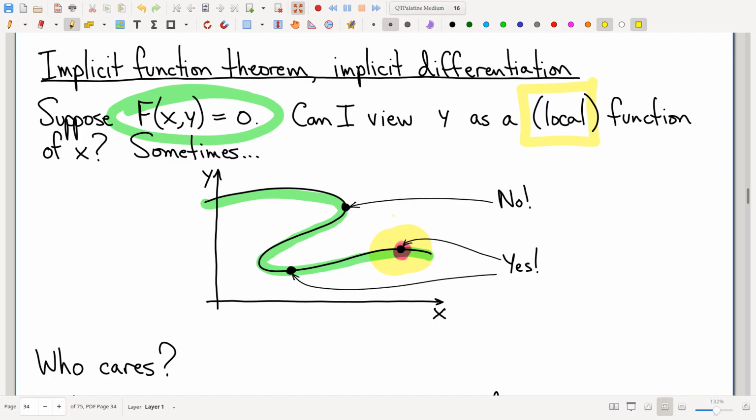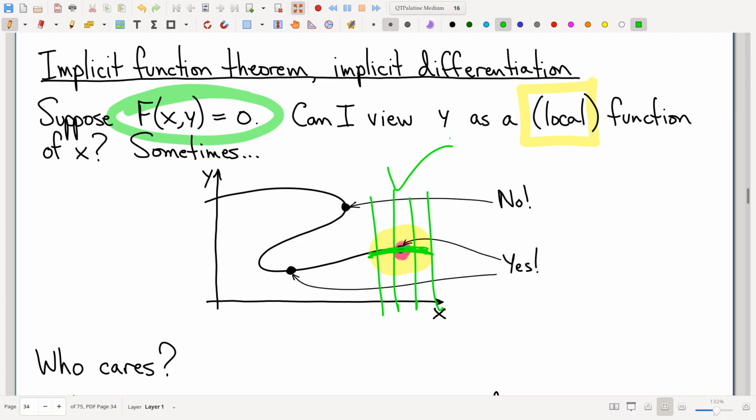If I were to look at only that part of the graph, like so, on just that part of the graph, can I view y as being a function of x? In other words, does that pass the vertical line test? And why, yes, it does.